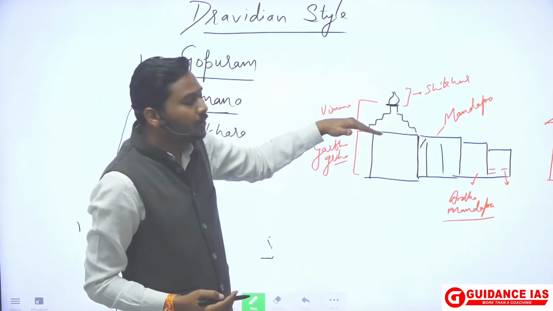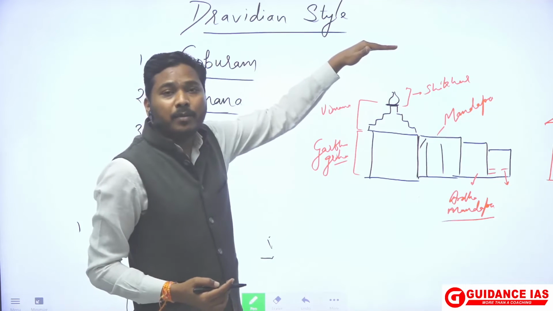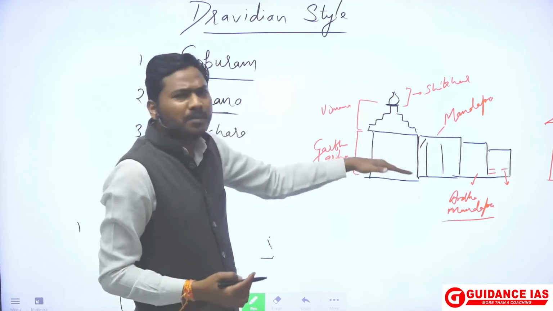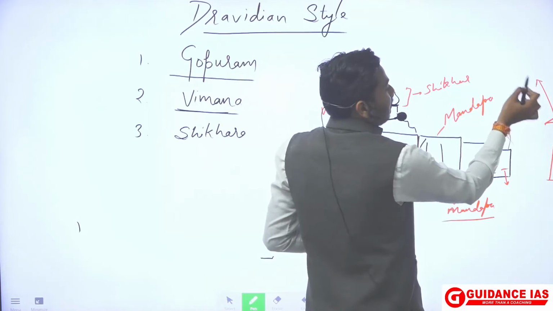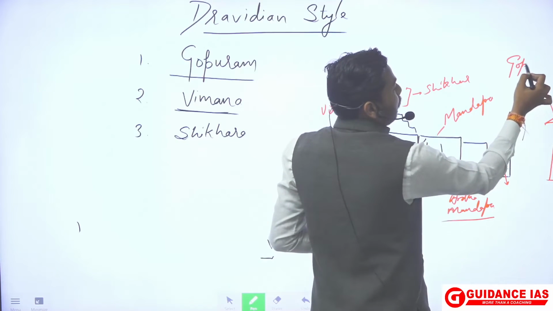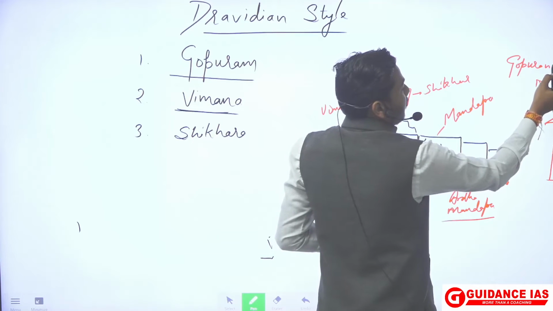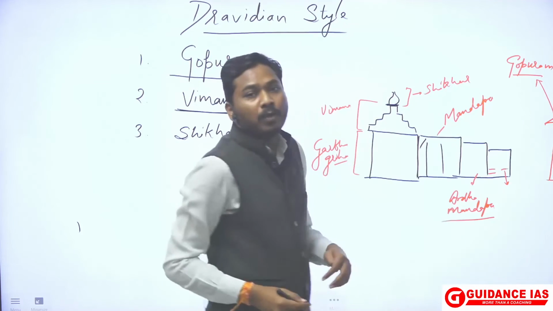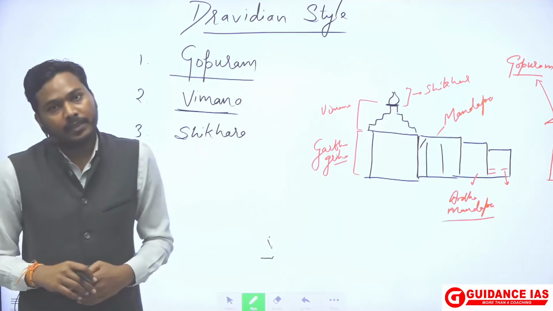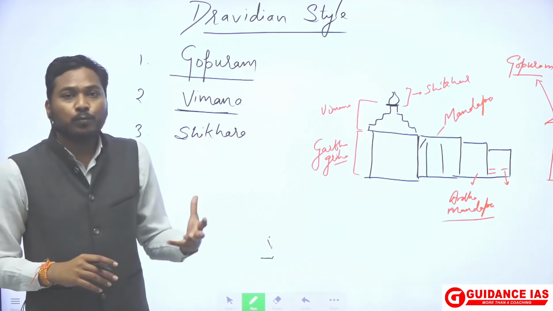Clear? Sometimes it is even above the height of the Viman and sometimes lower than the Viman. And this particular entrance gate is the Gopuram. This entrance gate is connected to the boundary walls on all sides. Clear? So that is the Gopuram.